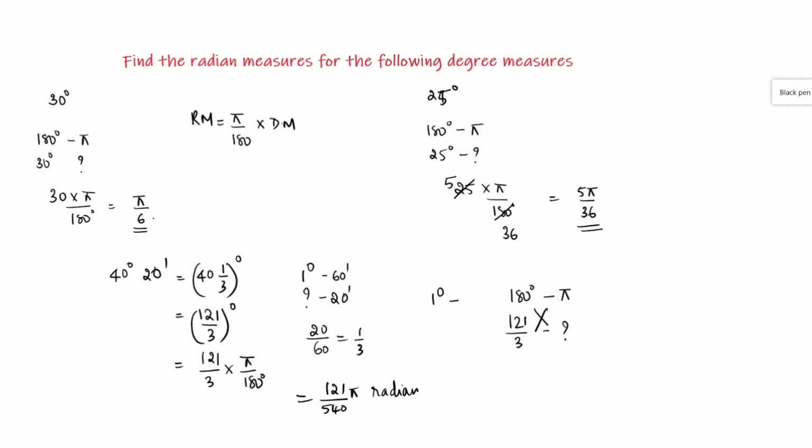Remember, when converting from degrees to radians, retain the answer in fractions and retain the term pi. These two things have to be kept in mind.